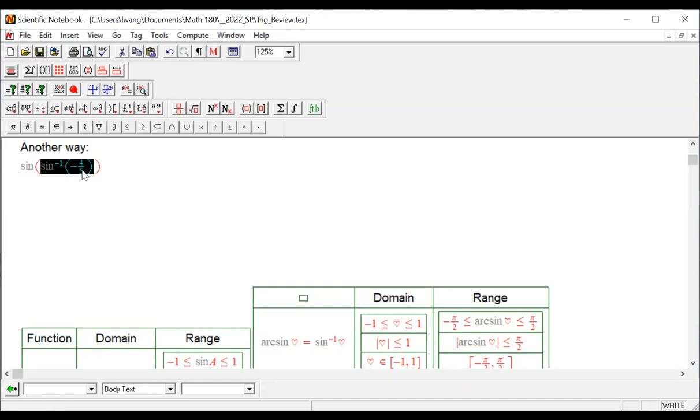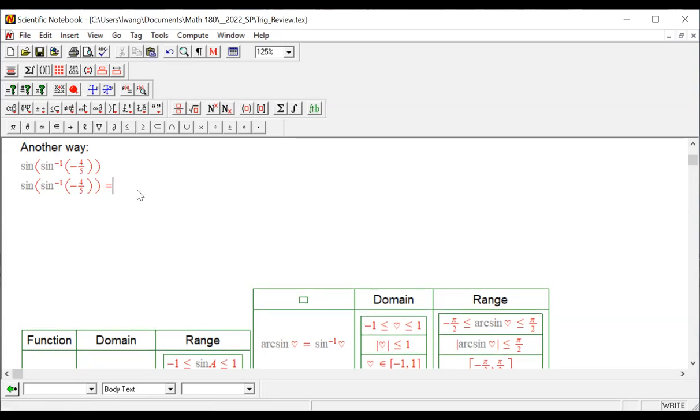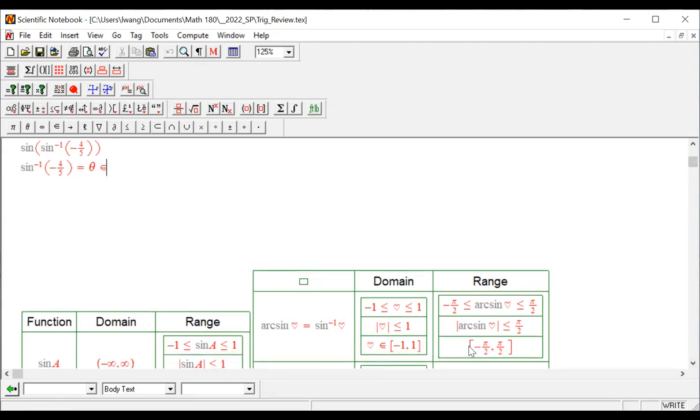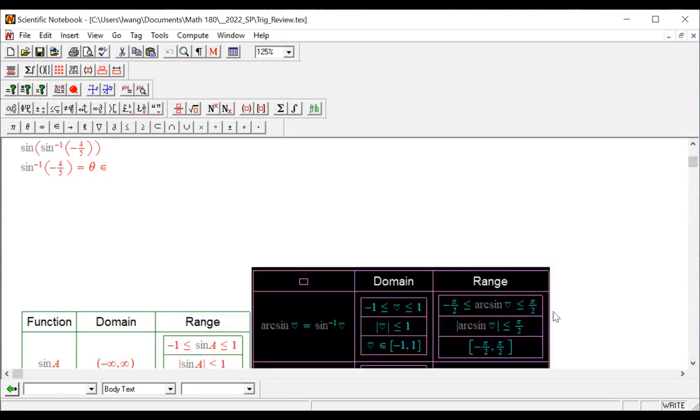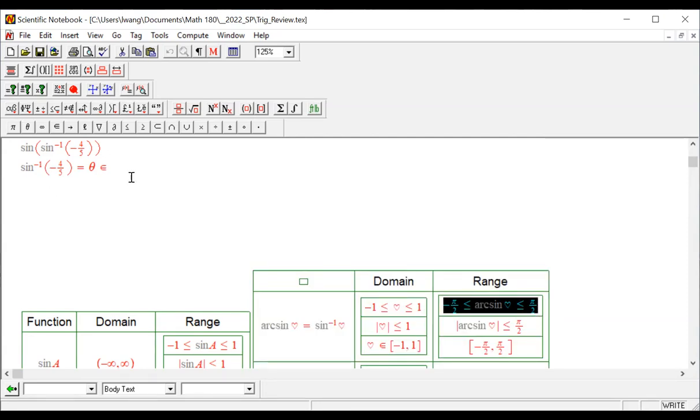Arc sine takes a ratio and produces an angle, so we know this piece is an angle. Is it going to be in the range of arc sine? The range of arc sine is here. There are 3 forms. Because this ratio is negative, we know the angle terminates in the 4th quadrant. You understand what I mean?